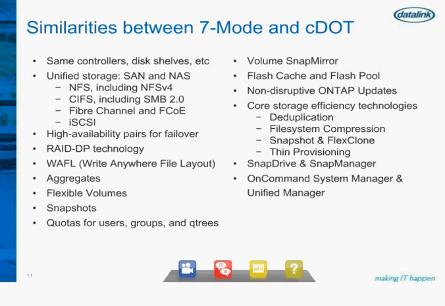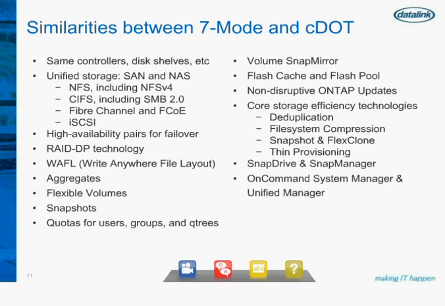So one thing to note here that is a difference is the fact that with clustered ONTAP, RAID 4 is no longer a recommended option on any sort of wide scale. RAID-DP is essentially the default, and you have to override a lot of warnings if you want to use the older RAID 4 technology. WAFL exists in essentially its identical form in clustered ONTAP versus 7-Mode.